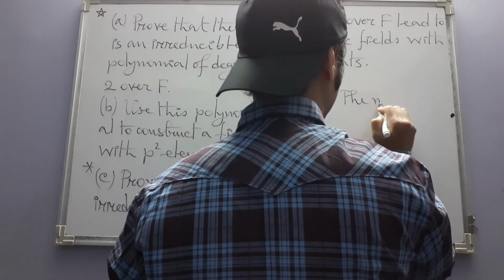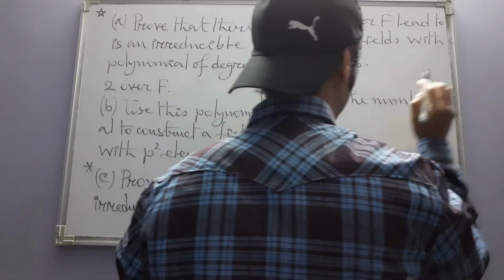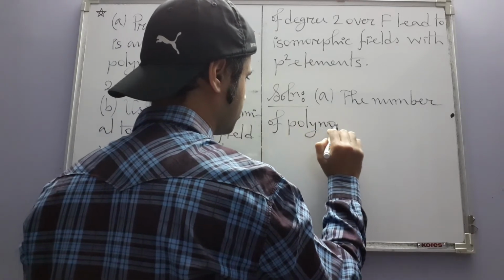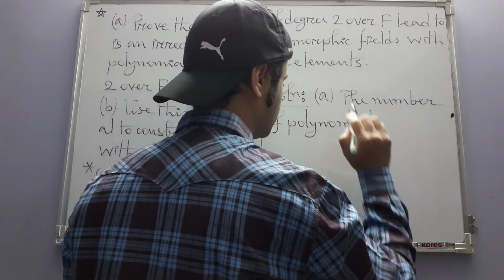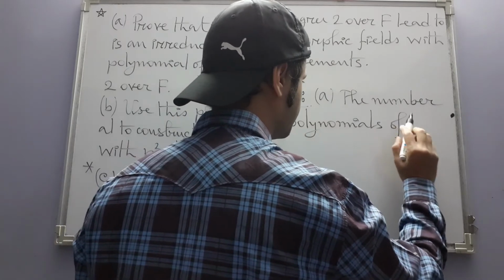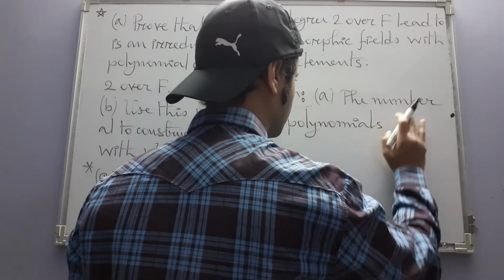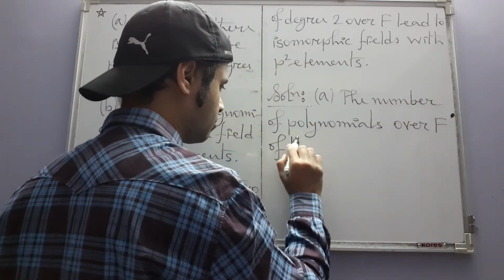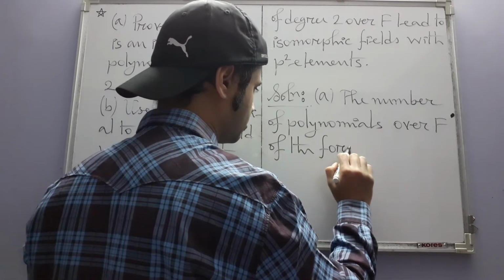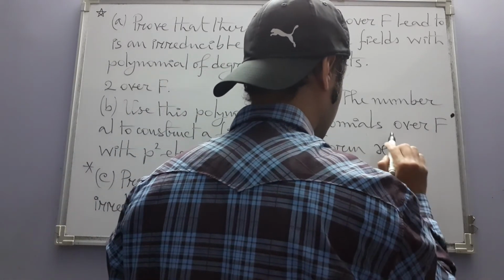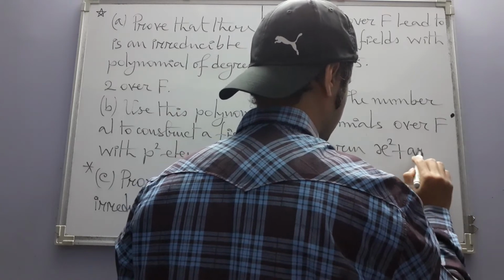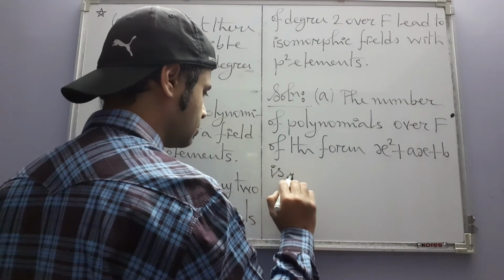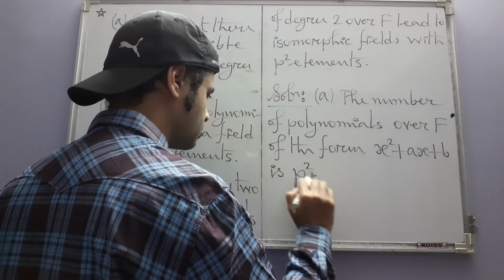The number of polynomials over F of the form x square plus ax plus b is p square.